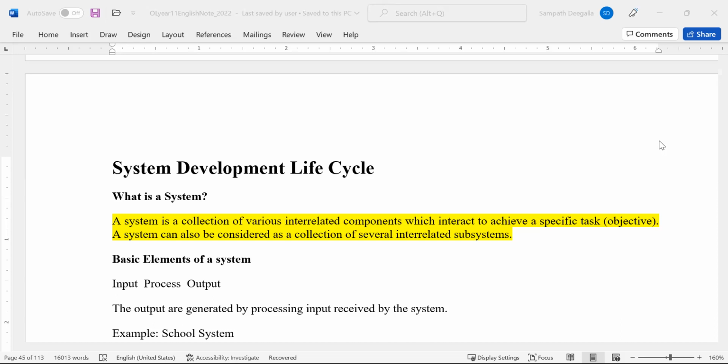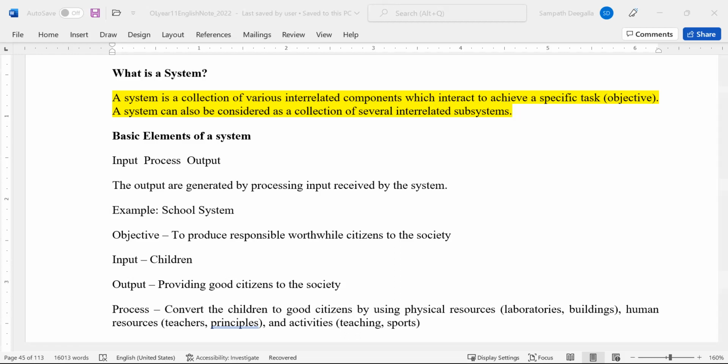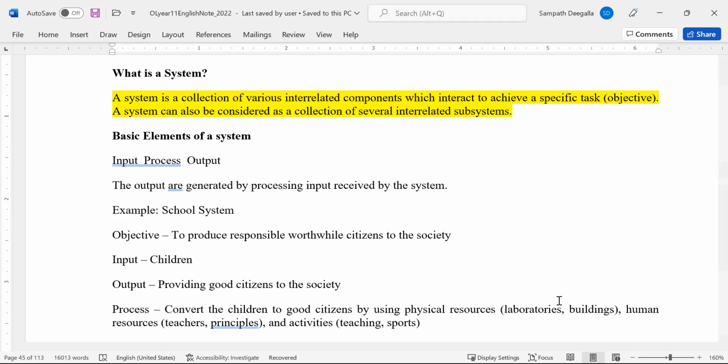So in any system, you can identify three things. That is input, process, and output, right? So you will always have three things: input, process, and output. Now, when you take a school system, we know that the input will be the children.